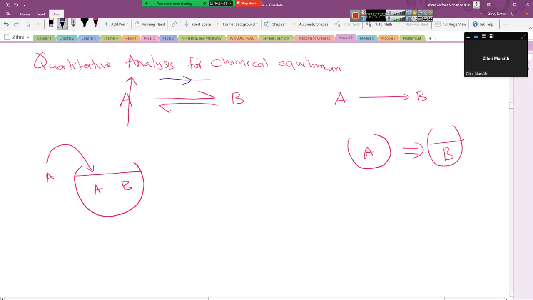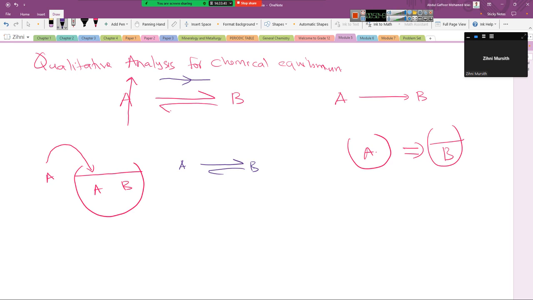Okay, and let's say we take some A out. So A is there, B is there. Now we take some A out. What is happening to the concentration of A? It is decreasing.